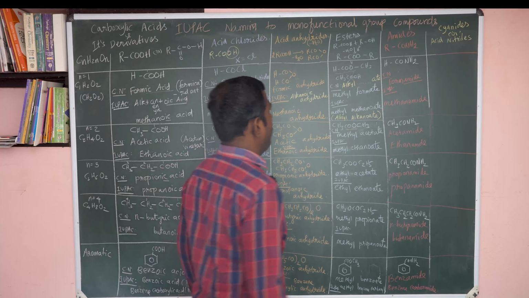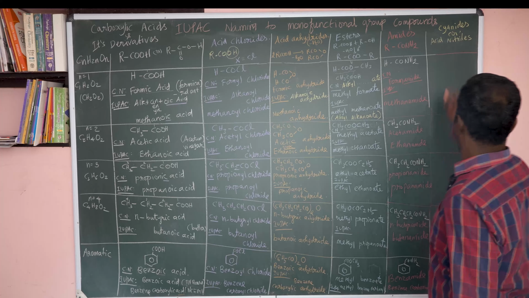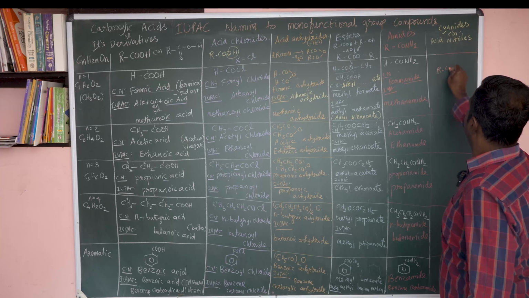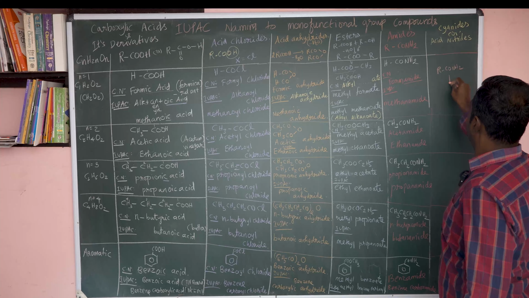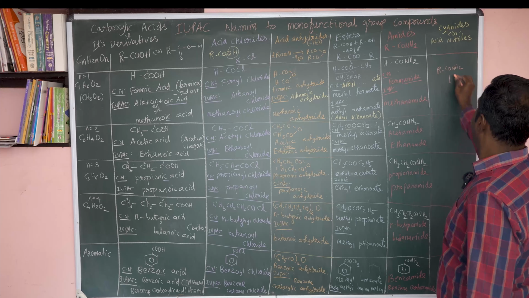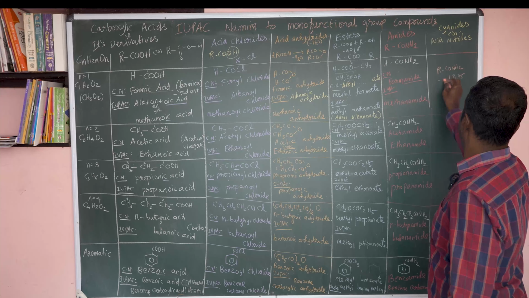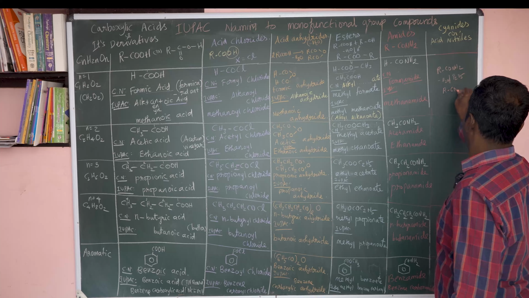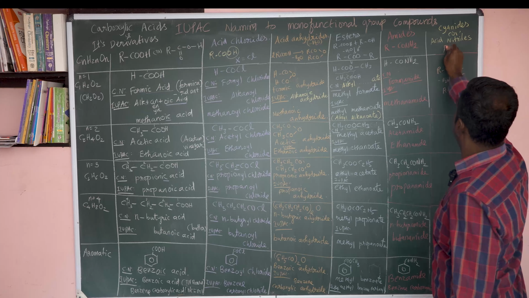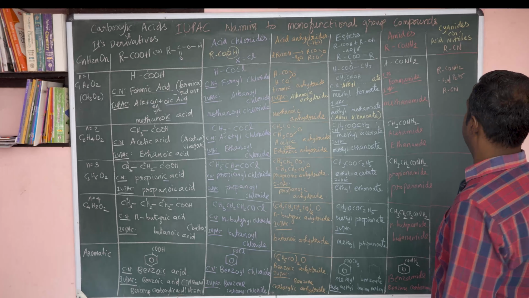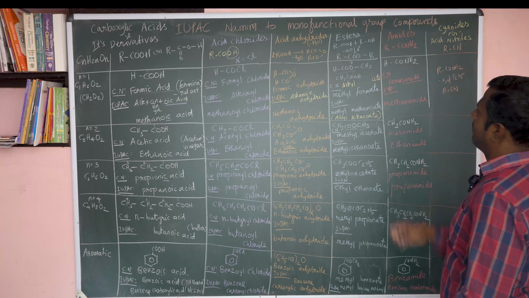How are cyanides formed? Amides are formed from carboxylic acids. After the formation of amide, if you remove one more water from amide, then RCN is formed. This RCN is cyanide. The CN group is called cyanide, otherwise called nitriles.